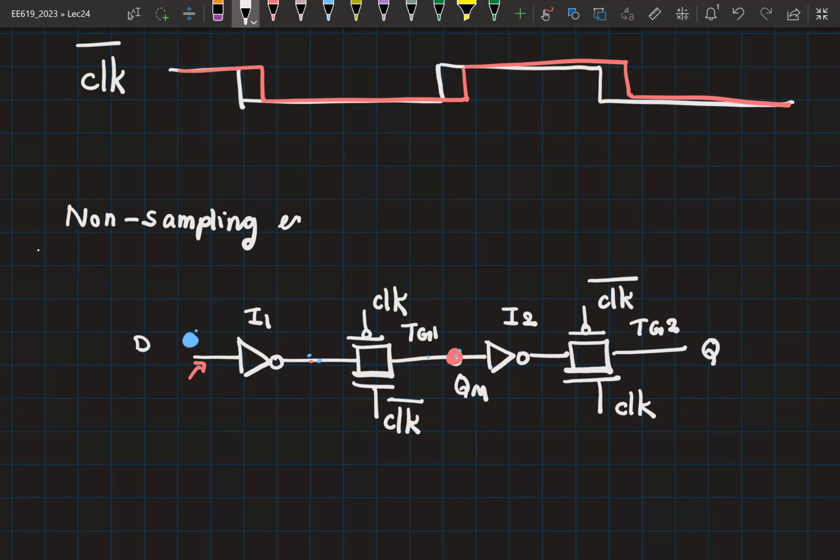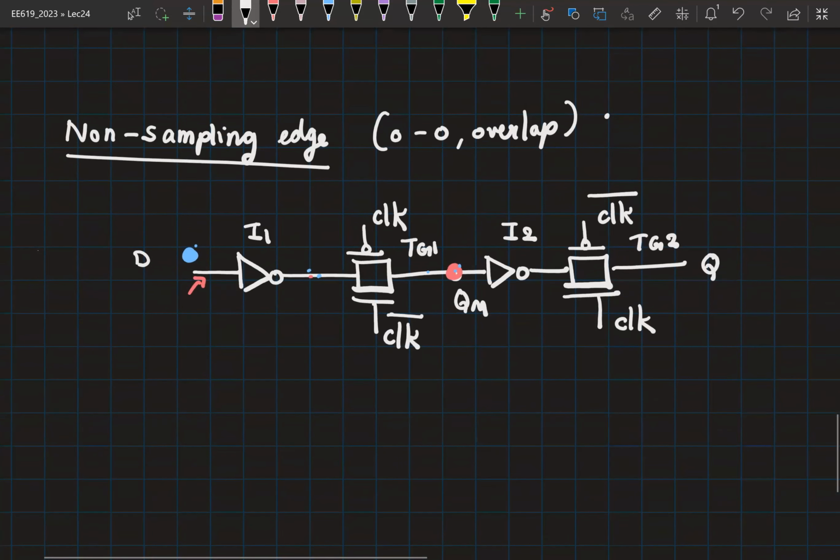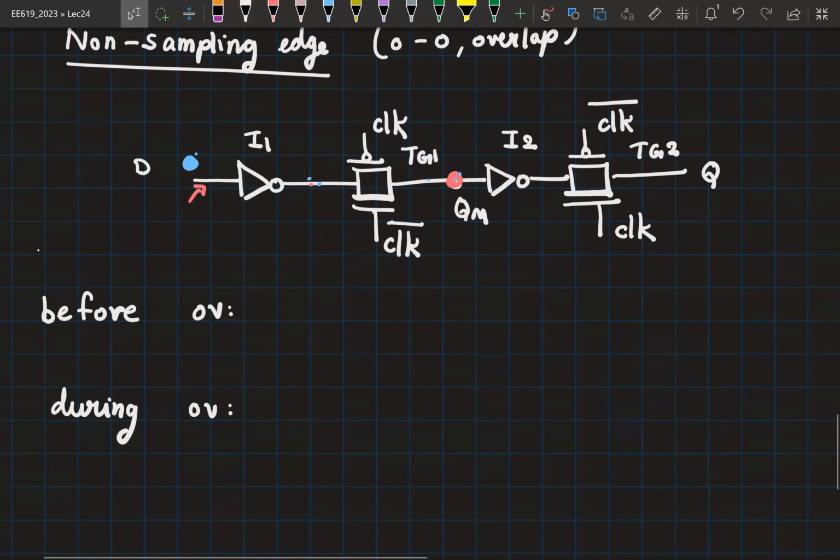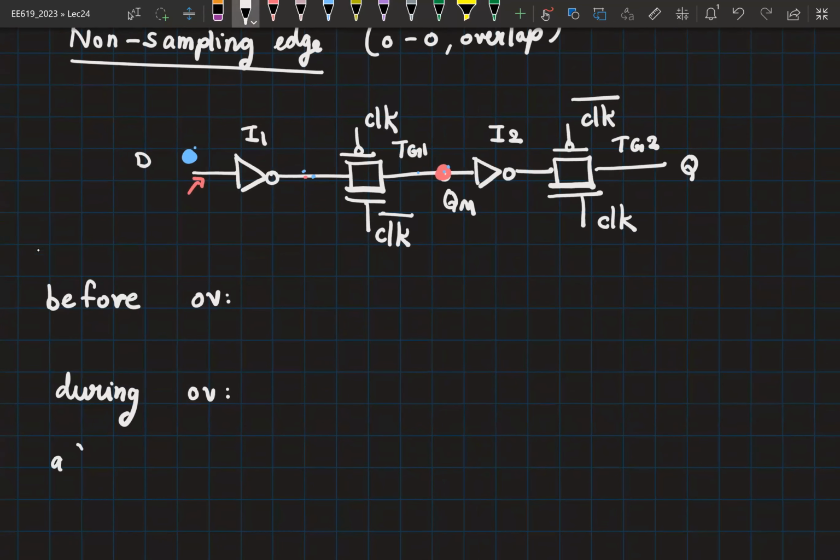So we are looking at the non-sampling edge and 0 0 overlap. So a good way to start this is to look at what happens before the overlap, what can happen during the overlap, and then what is the situation after the overlap.